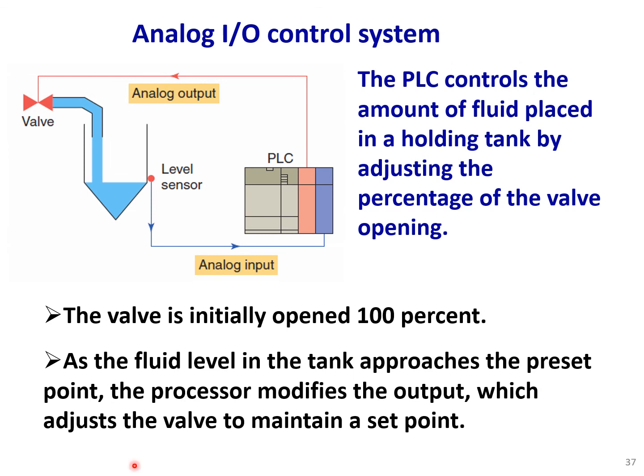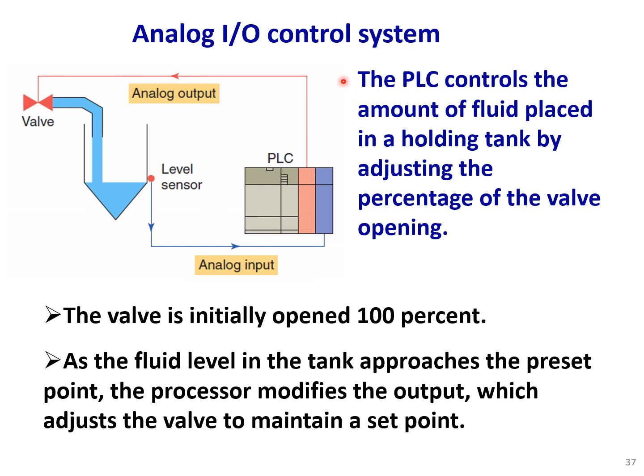Here we have an example of analog I/O control system. We have our water tank and we have the analog valve, and we have a level sensor. The level sensor is also analog, so we have analog input, analog output. We have analog input and output modules on PLC.